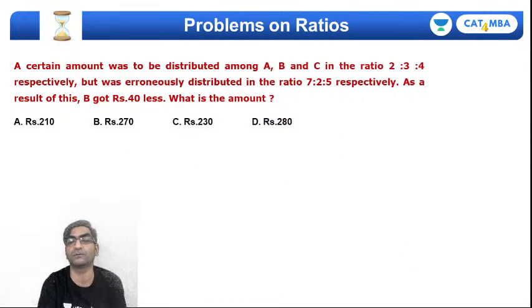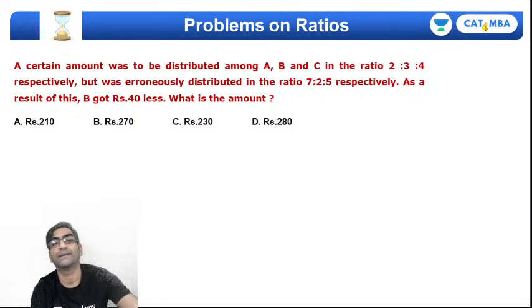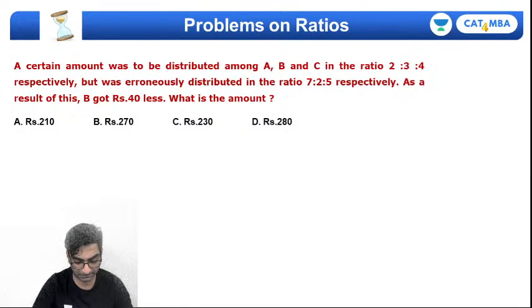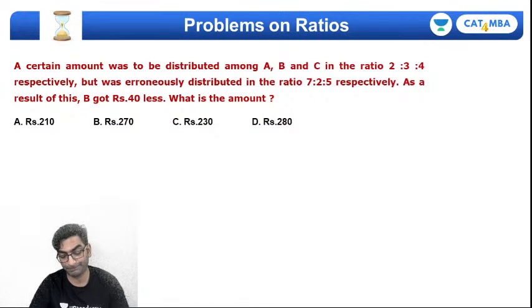A certain amount, here in this problem, a certain amount was to be distributed amongst A, B and C in a particular ratio, 2:3:4. An error happened. It didn't get distributed in that ratio, it got distributed in some other ratio. If B got 40 bucks less, how much was distributed? What do you guys think?